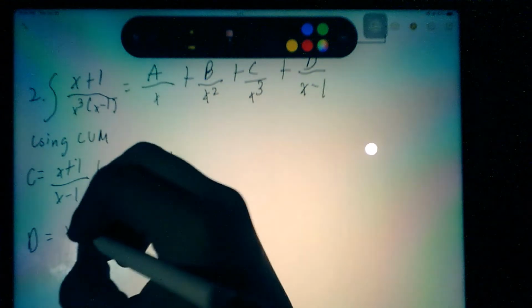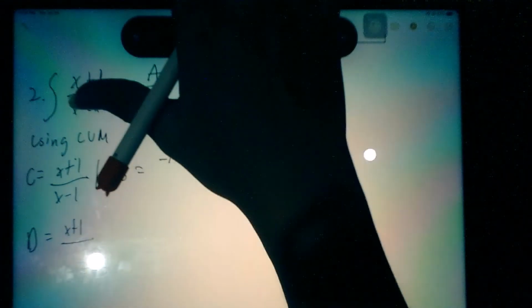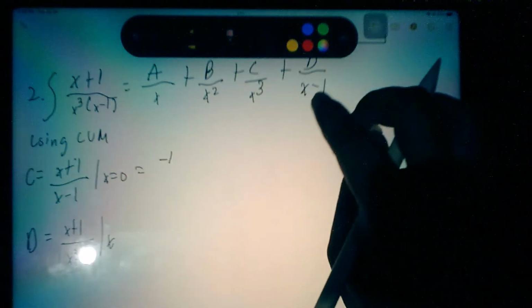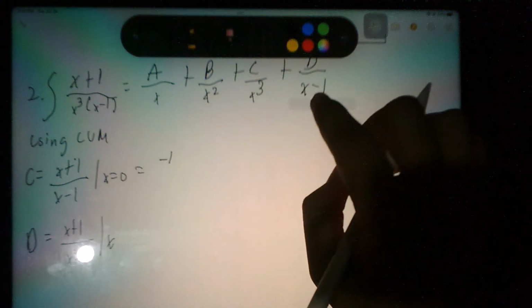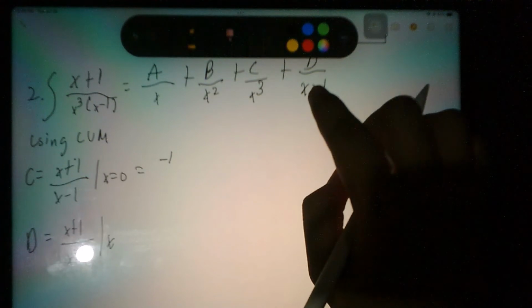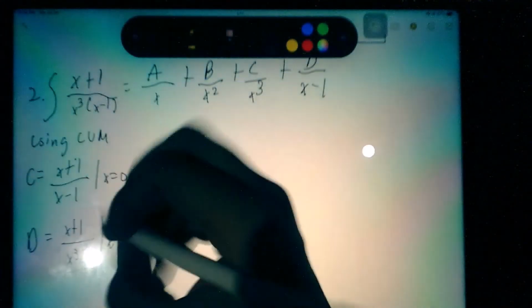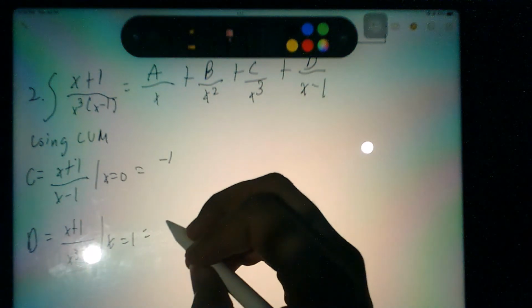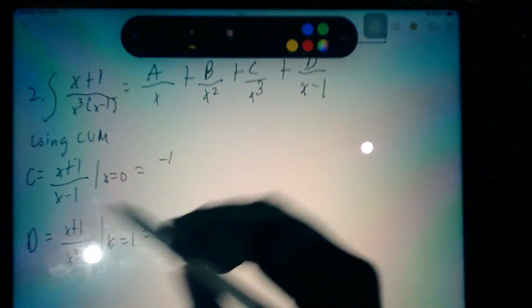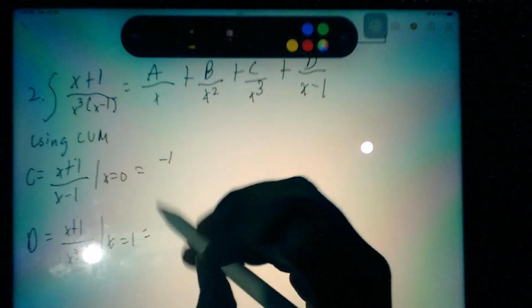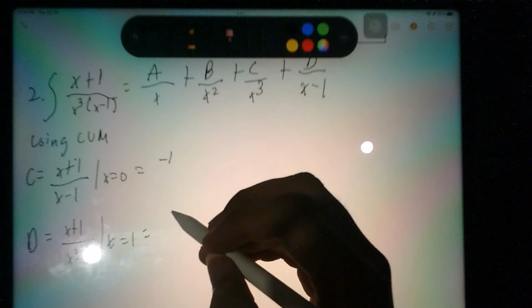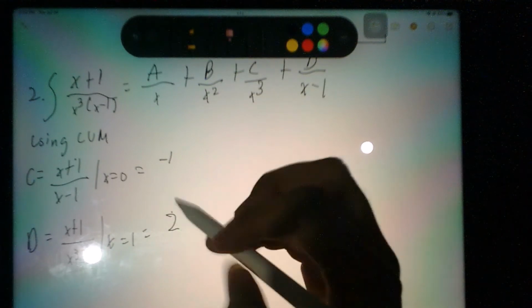We're covering this up, x minus 1, x plus 1 all over x cubed. So the value of d here that must equal 0 is just x equals 1, and this will become 1 plus 1 over 1 cubed, just equal to 2.